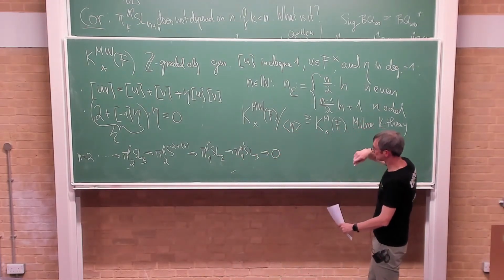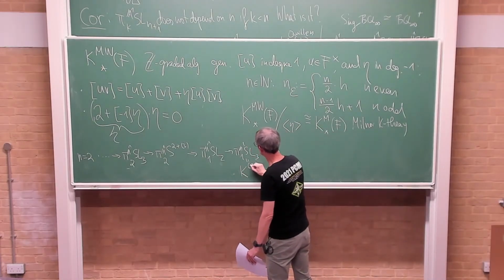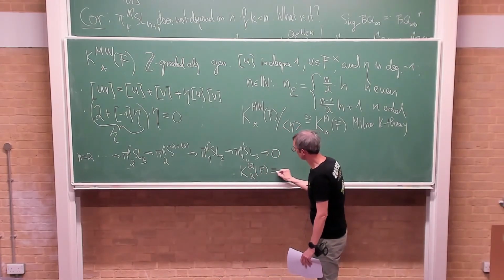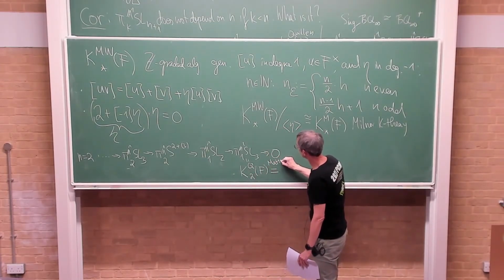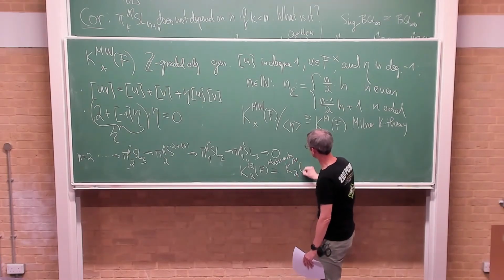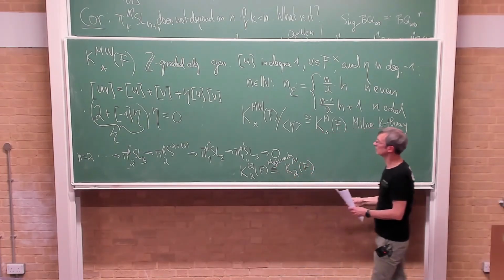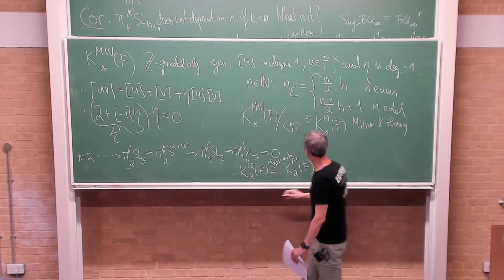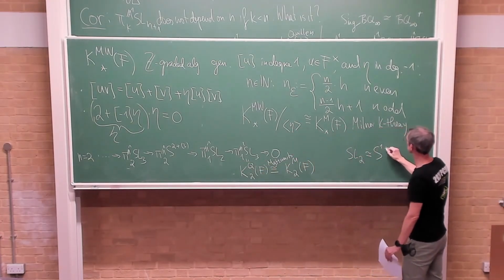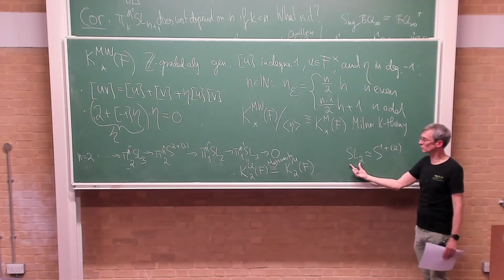Now here we have the second algebraic K group of F, but by Matsumoto, this is isomorphic to the second Milnor K group of F. SL2 is in fact also just a sphere, as one can see by projecting to one row or one column.